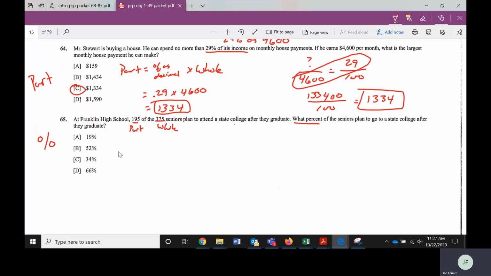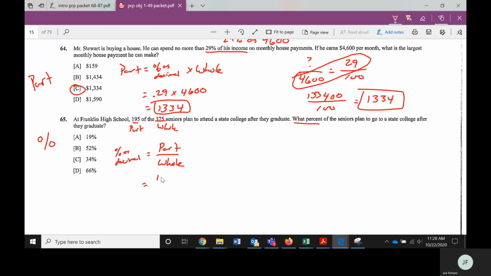Okay, using the percent equation forms, if we want to find the percent as a decimal, we just take the part divided by the whole and then convert it to a percent.